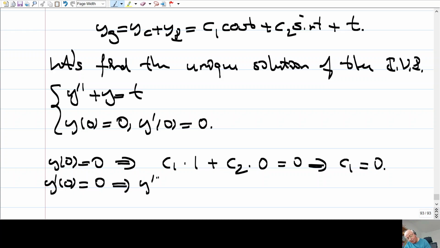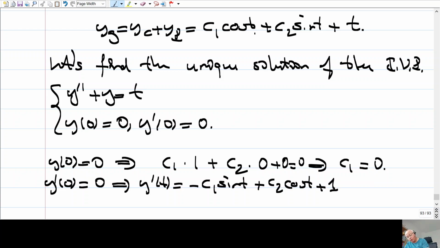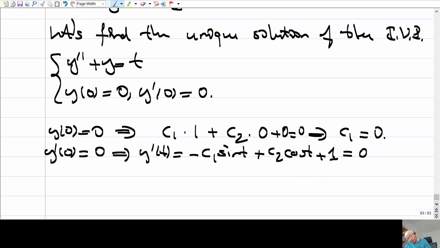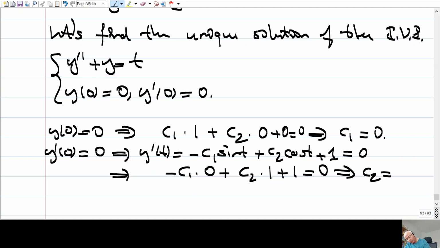Well, y'(t) is just minus C1 sine t plus C2 cosine t plus 1, because when you take the derivative of t you have 1. So when you plug 0 you get minus C1 times 0 plus C2 times 1 plus 1 equals 0. So from this we get C2 is just minus 1.